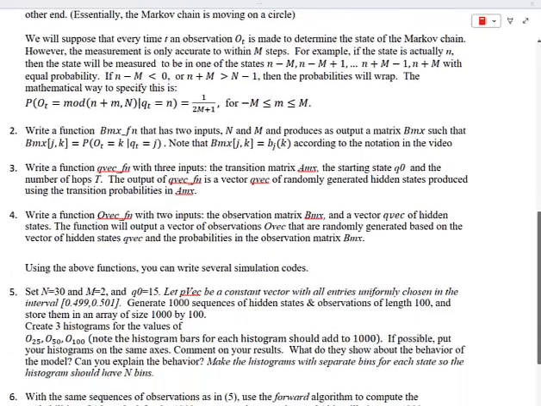Right? Okay, using the above functions, you can write several simulation codes. Here we're going to take one particular model with n equals 30, 30 possible states, m equals 2, and the starting state is 15. Let p-vec be a constant vector with all entries uniformly chosen in this interval, 0.499 and 0.501. All right, so the jumping probabilities are almost evenly balanced, but not quite.